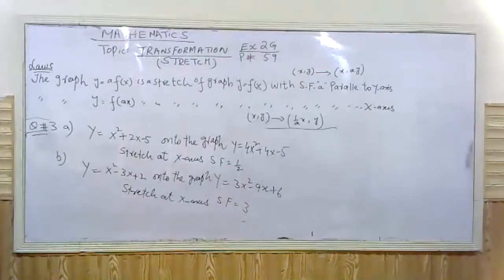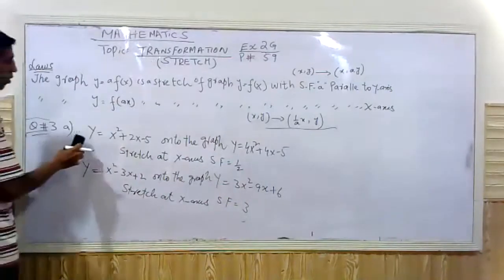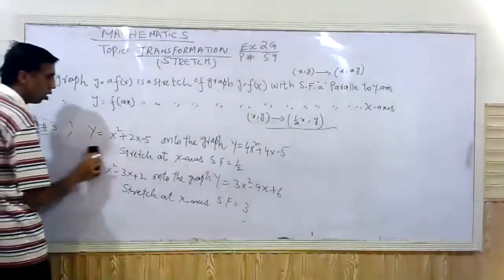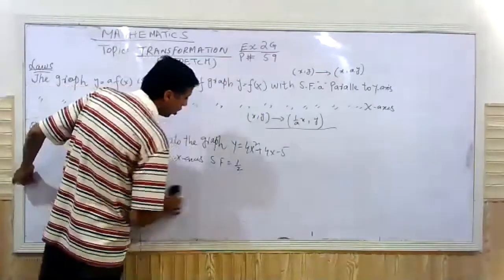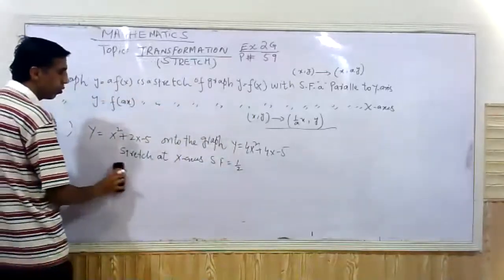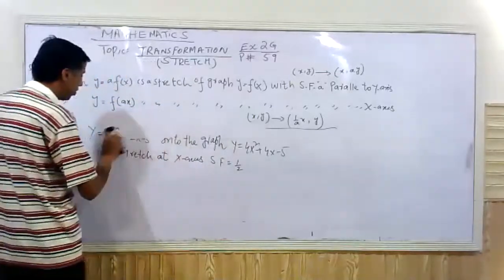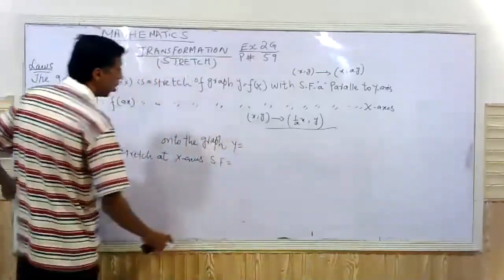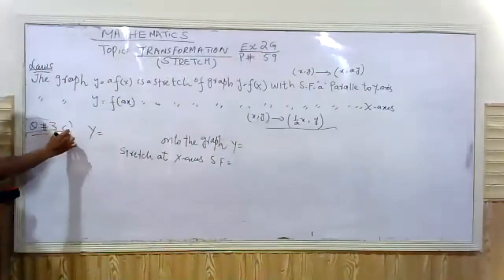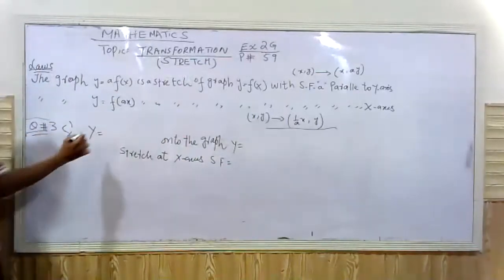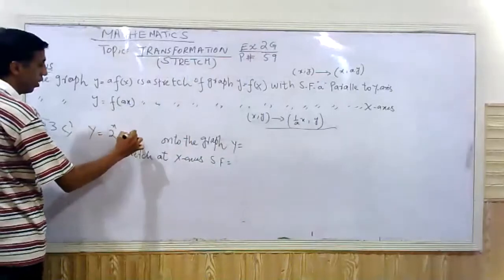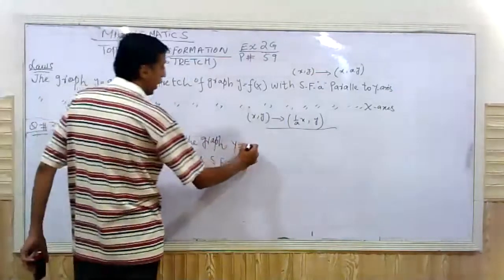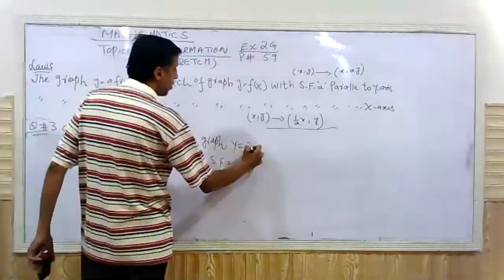Now the C part. C part says y equals 2 power x plus 1 onto the graph: 2 power x plus 1 plus 2.